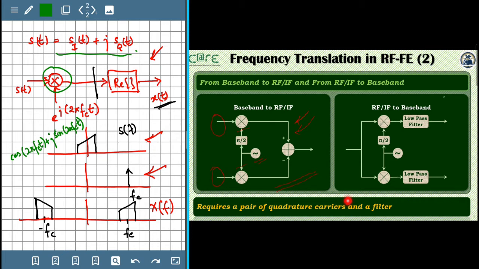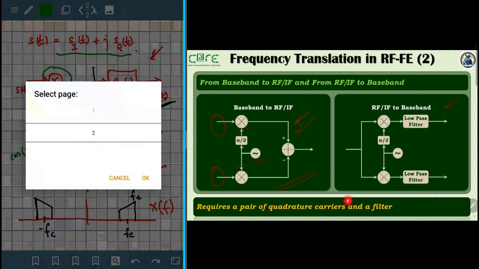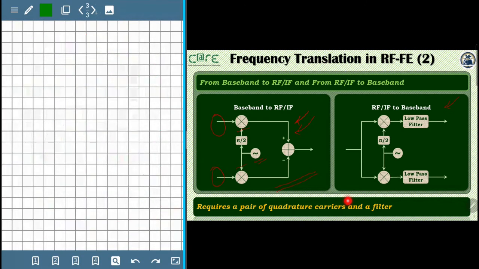The diagram on the right shows the converse operation. Here we want to convert the RF or the intermediate frequency signal to the complex baseband signal. And the operation that you see here can also be written in the complex domain as follows. So we have the signal x of t.